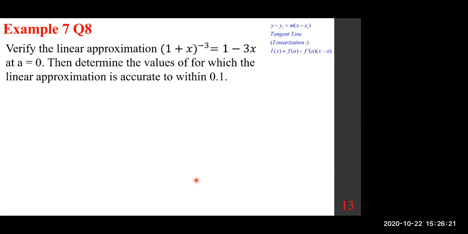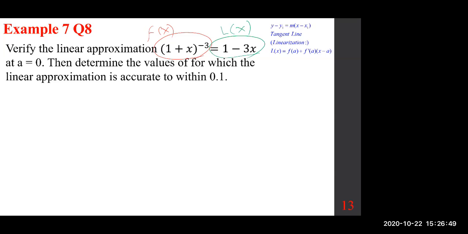All right, so we want to verify the linear approximation is this. By that we mean, if this is the function f of x, prove this is its linearization L of x.